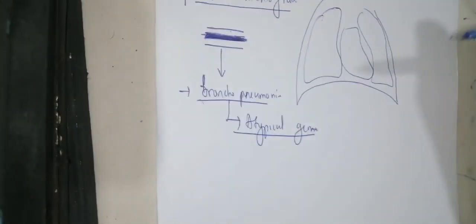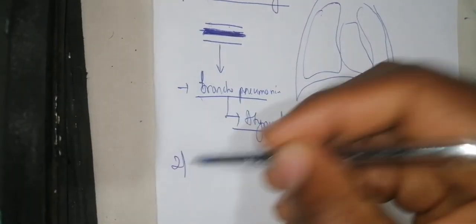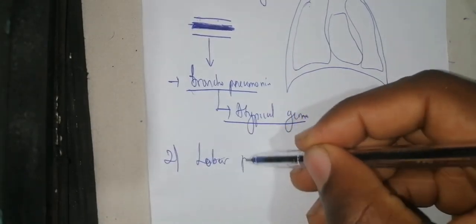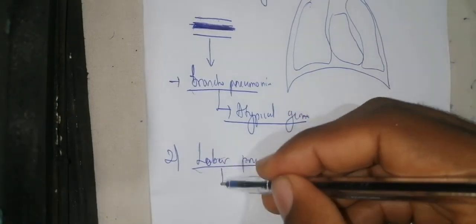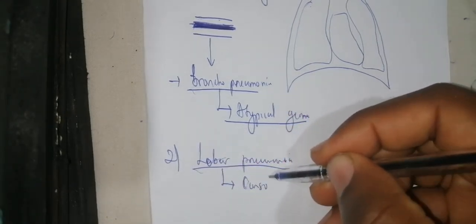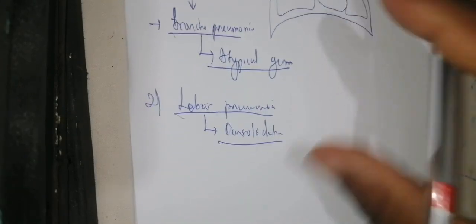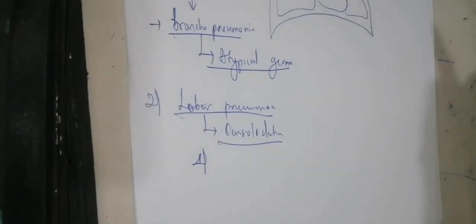Now the next thing after that is specific for bronchopneumonia. The second element is lobar pneumonia. How do you visualize lobar pneumonia on an X-ray? Lobar pneumonia is visualized with a consolidation syndrome. And consolidation syndrome has which elements?